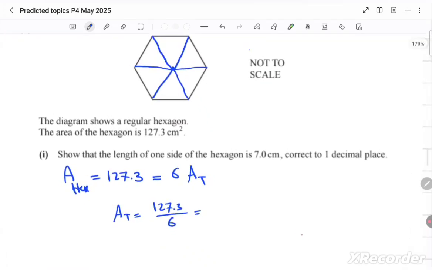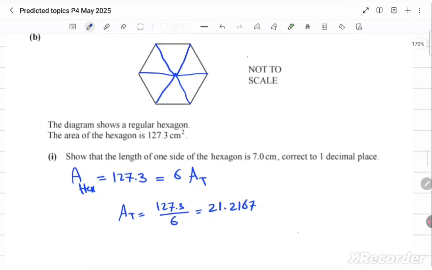Let's use the calculator. The answer is 21.2167.